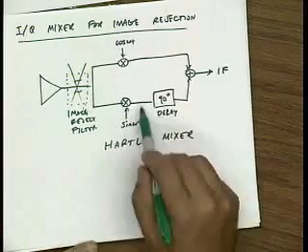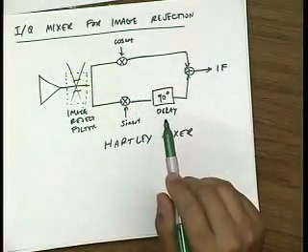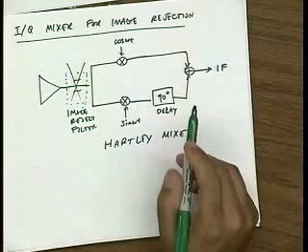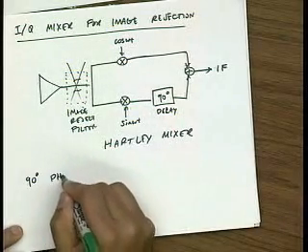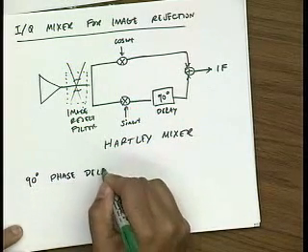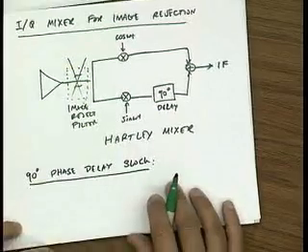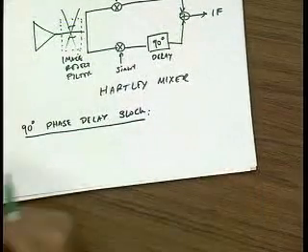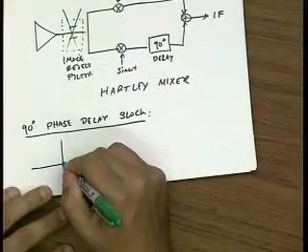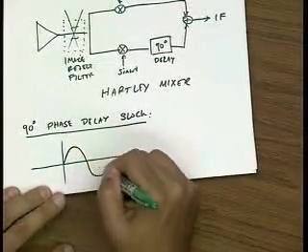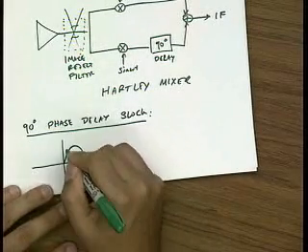So first of all, let's take this 90-degree delay block and see why we need that, and in fact, what does a 90-degree block do? So let's talk about the 90-degree phase delay block. If you imagine basically a sine wave, and if I delay that by 90 degrees, I know I get a cosine wave, right?